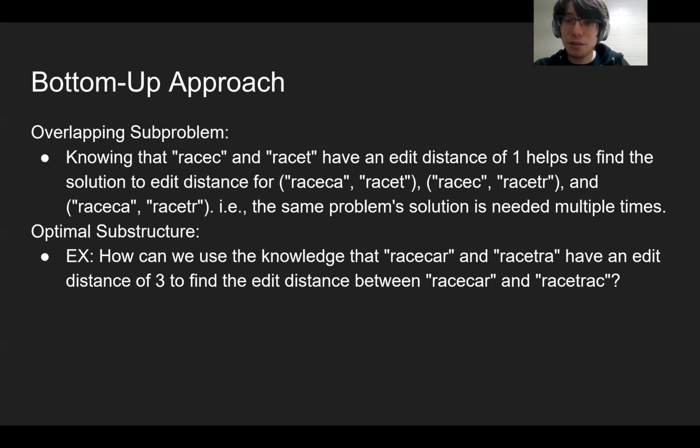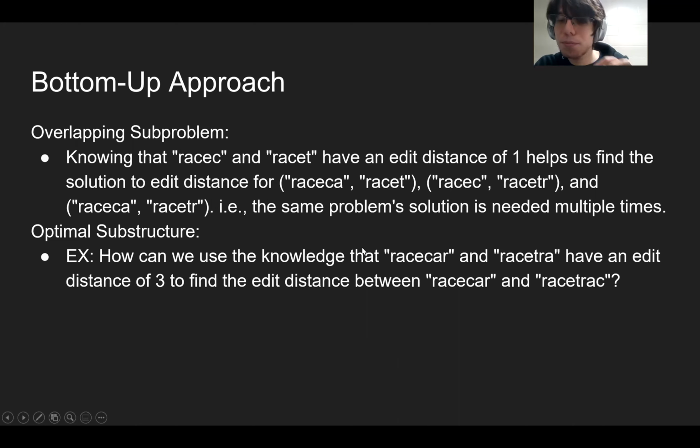As an example, RACEC and RACIT have an edit distance of 1, and that helps us find the edit distance for the next pair. If we know the edit distance to get to RACEC, then getting to RACECA is only 1 more, and getting to RACT is also only 1 more because we make 1 change.